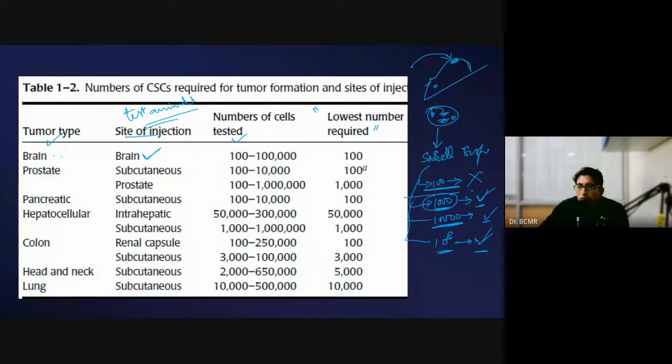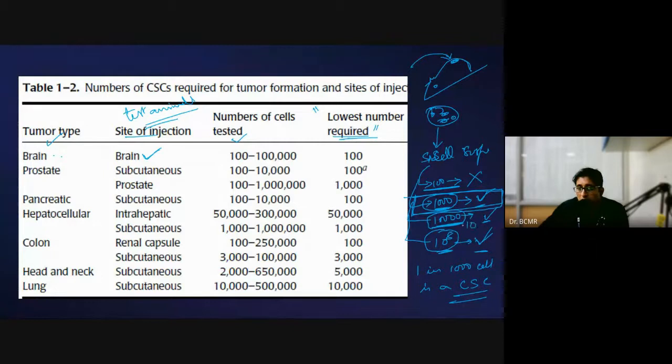But we count this one, which will say the concentration of the cancer stem cells. That means at least 1 in 1,000 cells is a cancer stem cell. That's how we can say. Okay, that's why this is important. So the others may have a higher number, but the proportion would be proportion wise.